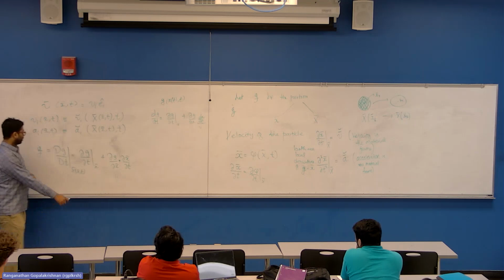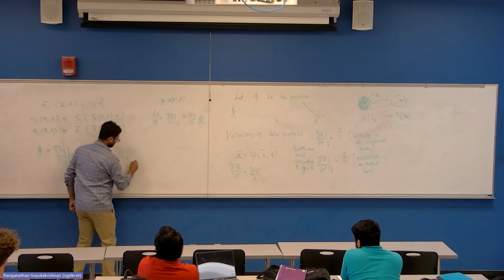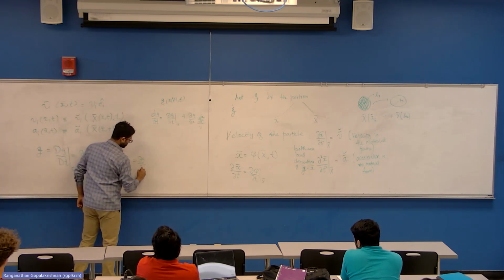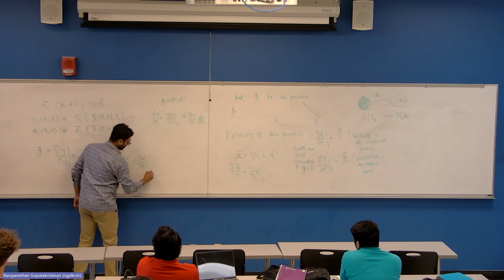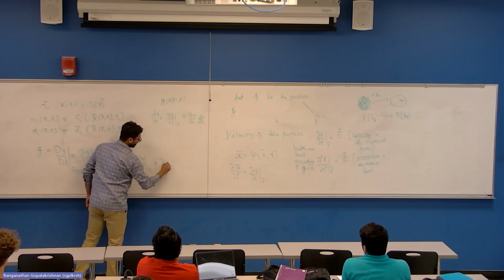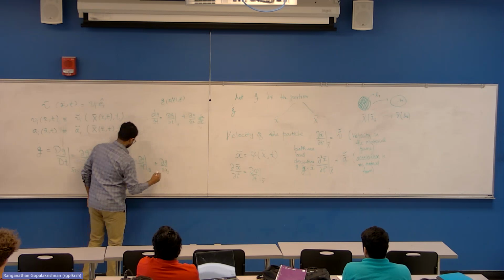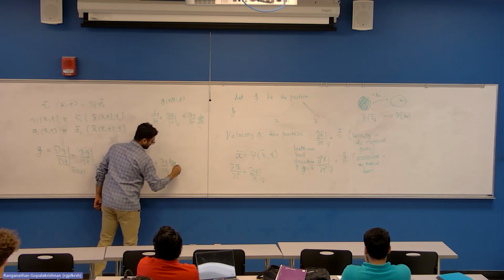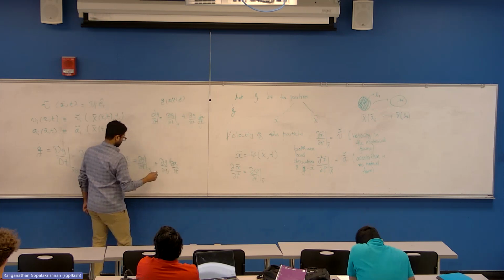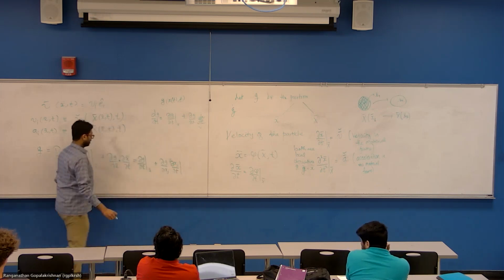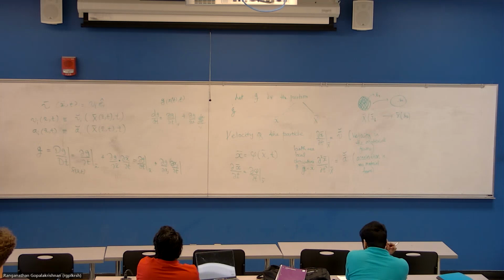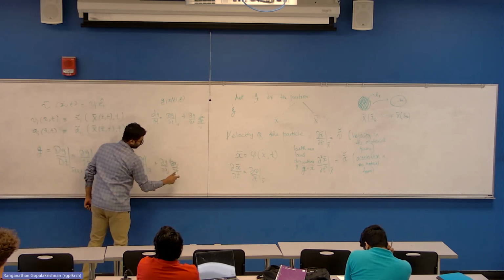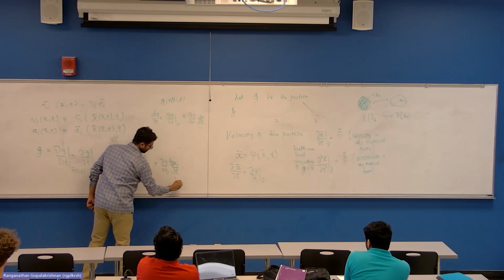So here we can write partial g with respect to partial t at a given position, plus partial g over partial xj multiplied by partial xj over partial t. Regardless of what g is, this quantity is vj of x comma t.